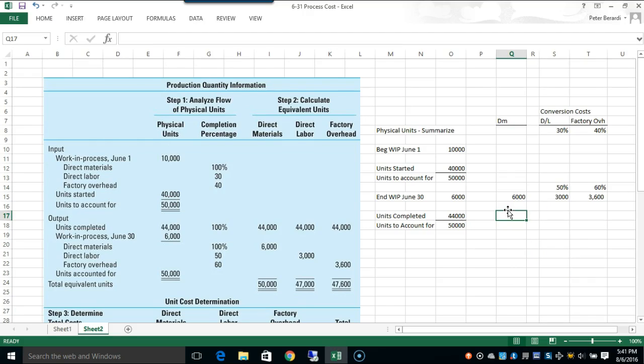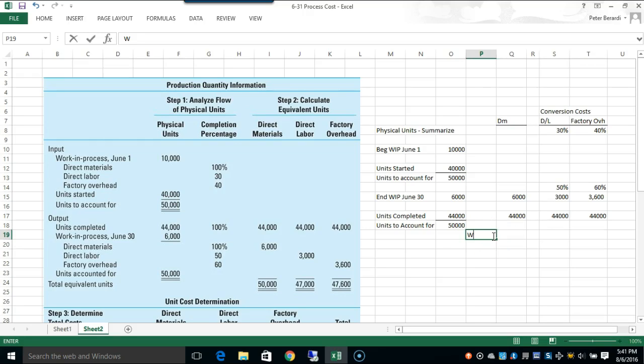Units completed, 100%. Therefore, direct materials, 100% of 44,000 units is still 44,000. A 100% of direct labor for completed units is still 44,000 and 44,000.